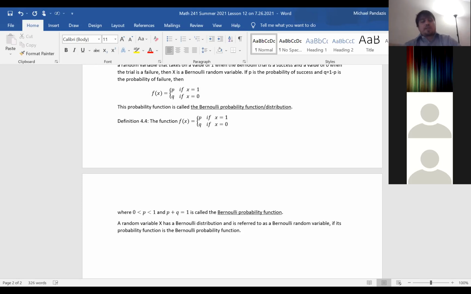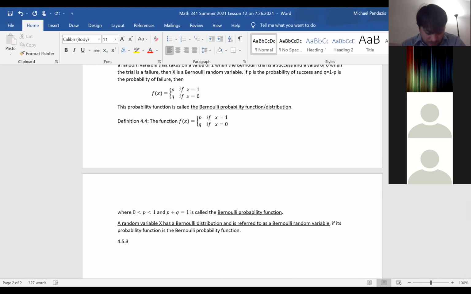This is just like the other statements I've made. The conclusion we want to reach is that a random variable X has a Bernoulli distribution and is a Bernoulli random variable. That happens if its probability function is the Bernoulli probability function. If you have a random variable and its probability function is of this form, then you can conclude you have a Bernoulli random variable and its distribution is a Bernoulli distribution. This is all more terminology.